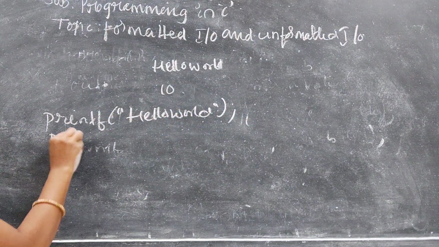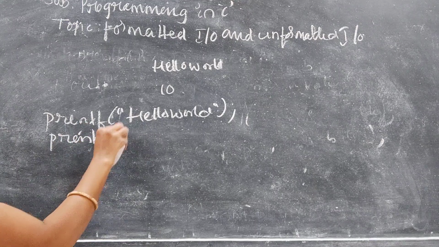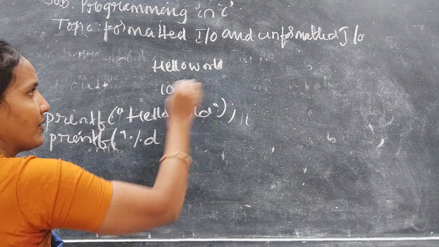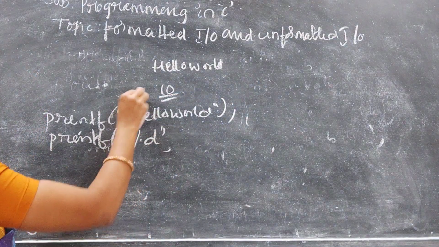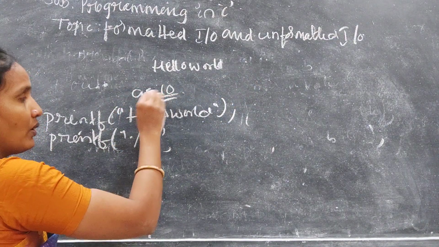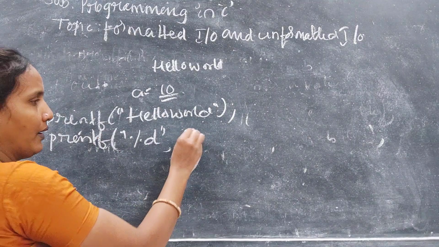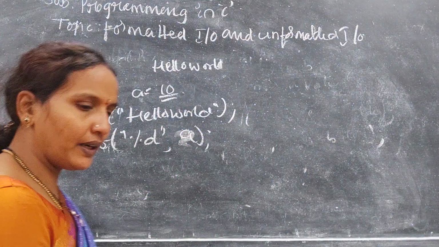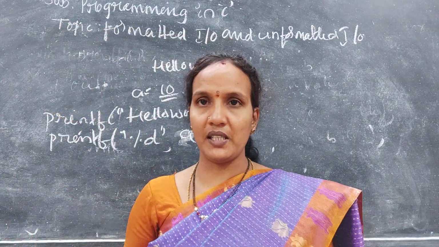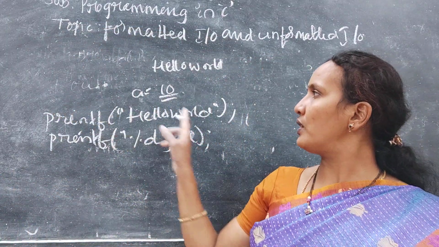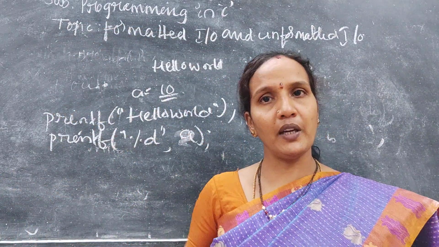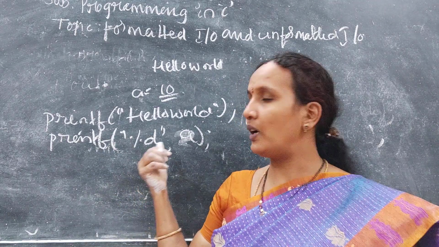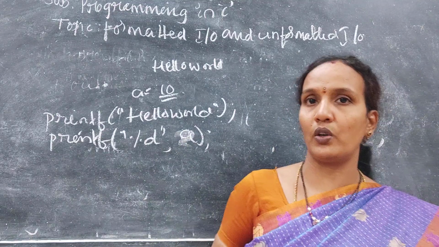If you are printing a value, printf, what is the format specifier here? 10 is an integer, so %d, where that 10 is stored in a, like this. So if you are printing only a simple message, the printf function and message is enough. But if you are printing any value, then we need a format specifier and the name of the variable from which you want to print the value.